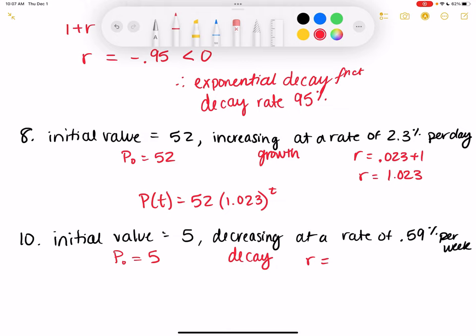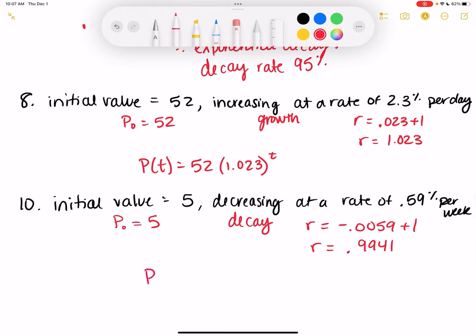If it's decreasing, it would have been what kind of a number? Negative. So negative 0.0059 plus 1, which I don't think any of you have your calculator out, is going to be 0.9941. So then P of T equals 5 times 0.9941 raised to the t.